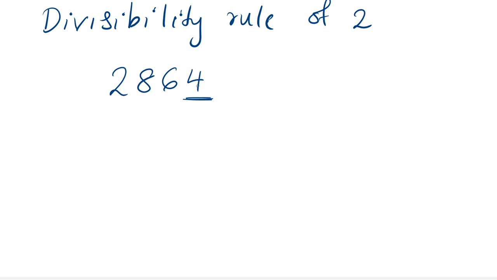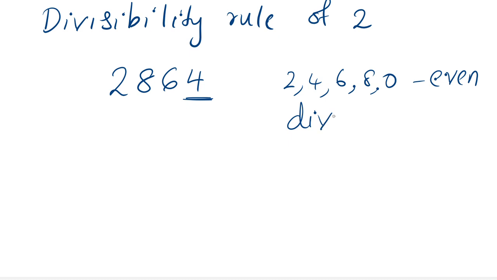If the ones place digit is either 2, 4, 6, 8 or 0, it is known as an even number. If it is an even number, then it is divisible by 2. In this case, the ones place digit is 4, so it is an even number, so it is divisible by 2.